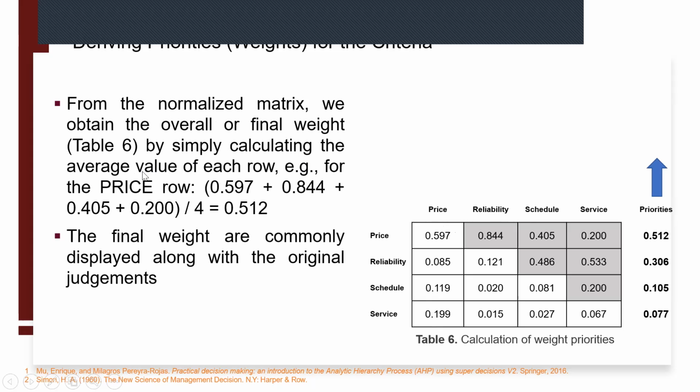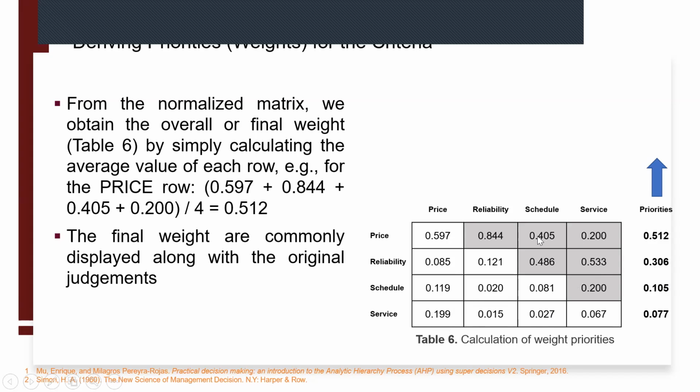For example, for the price, 0.597 plus 0.844 plus 0.405 and 0.2 divided by 4 will give us 0.512. So this becomes the priority for each criterion. For the schedule, it will be 0.105, and for the service, 0.077.